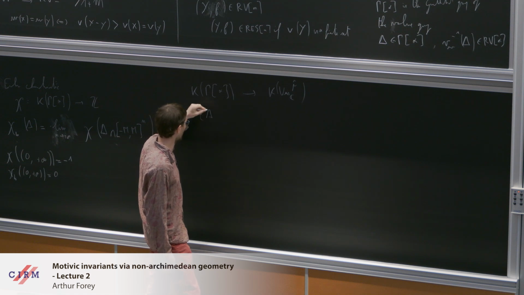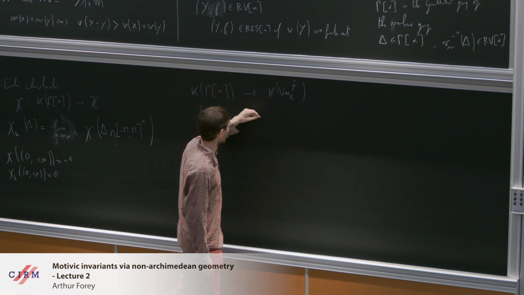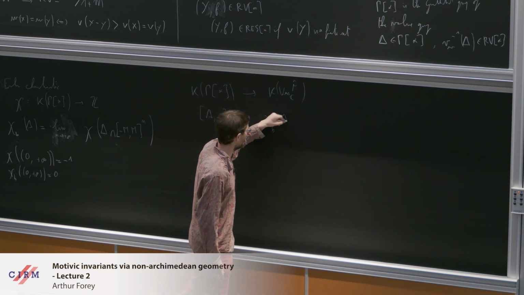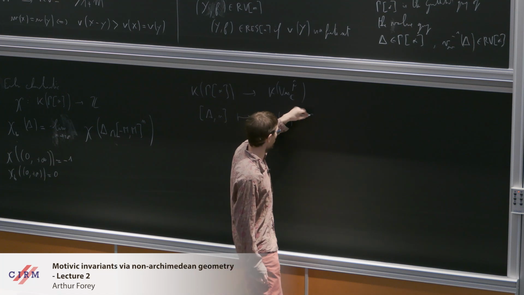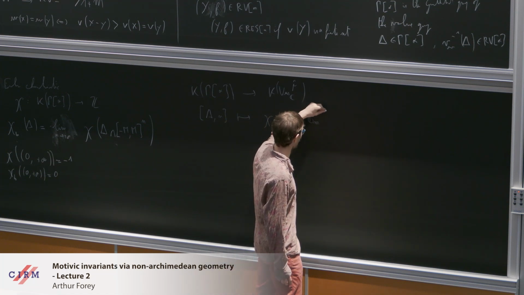We just send the class of delta, which is in dimension n, to this bounded Euler characteristic of delta, and then we multiply by the class of G_m to the n.